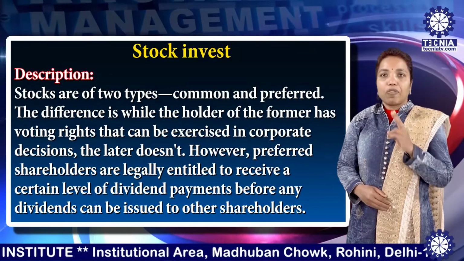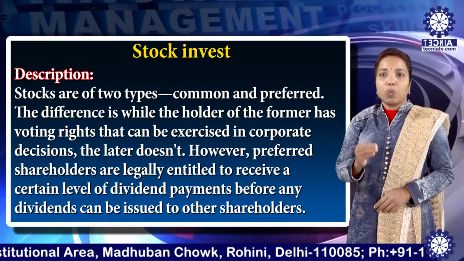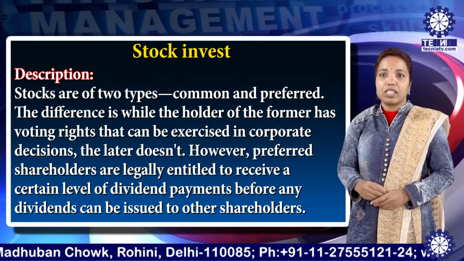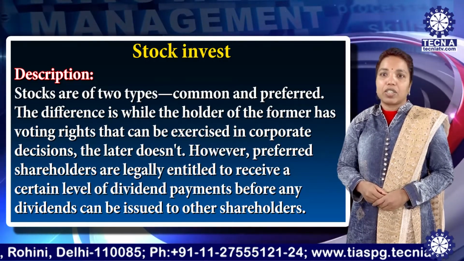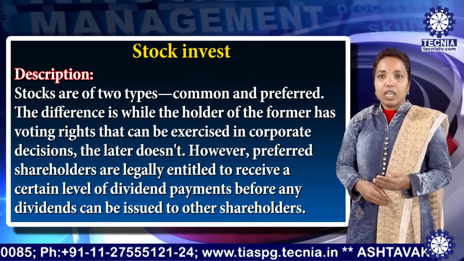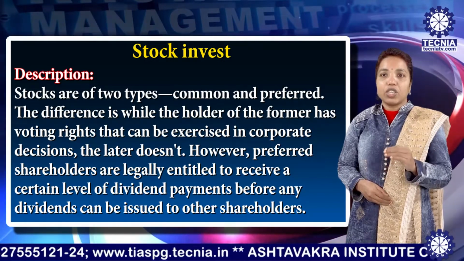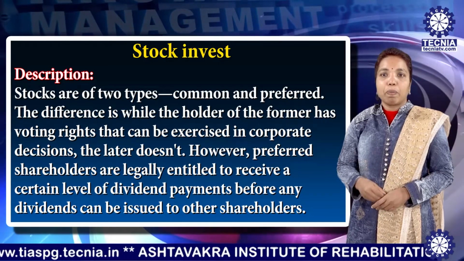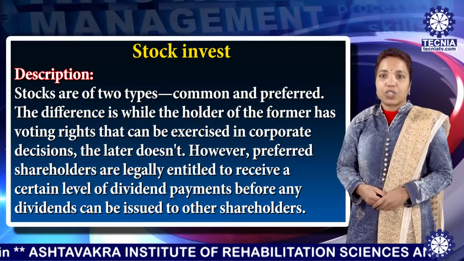Stocks are of two types, common and preferred. The difference is while the holder of the former has voting rights that can be exercised in any corporate decisions, the latter does not have. However, preferred shareholders are legally entitled to receive a certain level of dividend payments before any dividends can be issued to other shareholders.